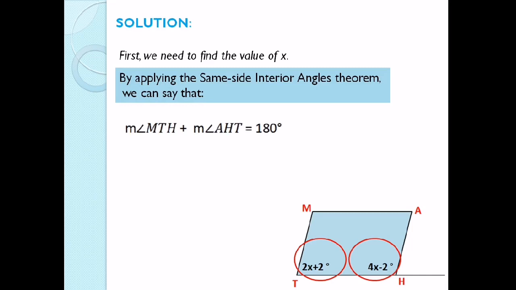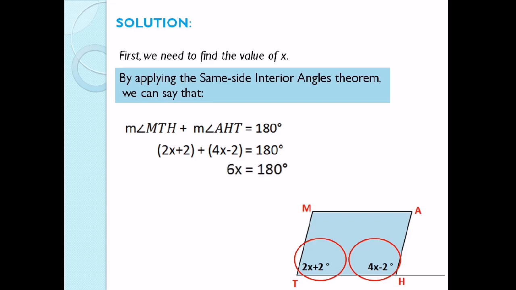So, we can say that measure angle MTH plus measurement angle AHT is equal to 180 degrees. So, kailangan pag pinag-add yung dalawa, it must be 180 degrees. Then, substitute 2x plus 2 plus 4x minus 2 equals to 180 degrees. So, we just substitute the measurement of the two given angles.